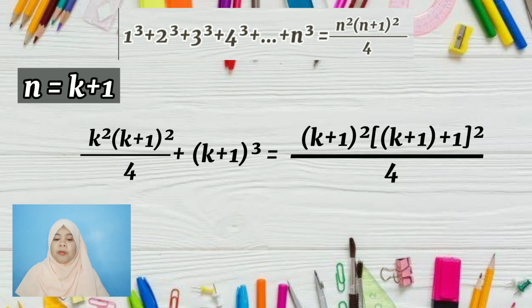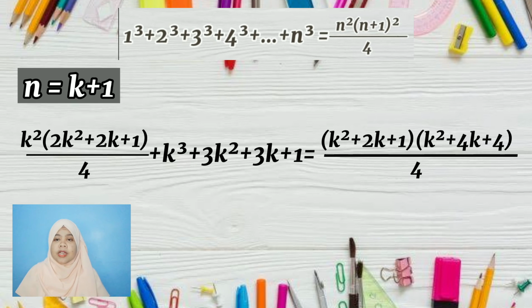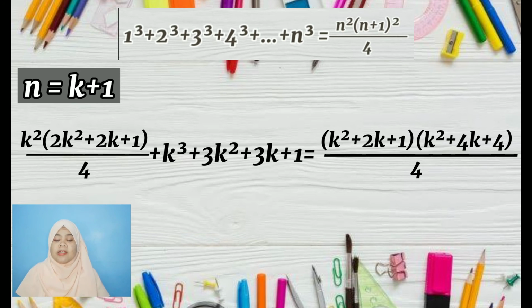Then simplify the equation on the left. It's going to be k squared times (2k squared plus 2k plus 1) all over 4, plus k cubed plus 3k squared plus 3k plus 1.